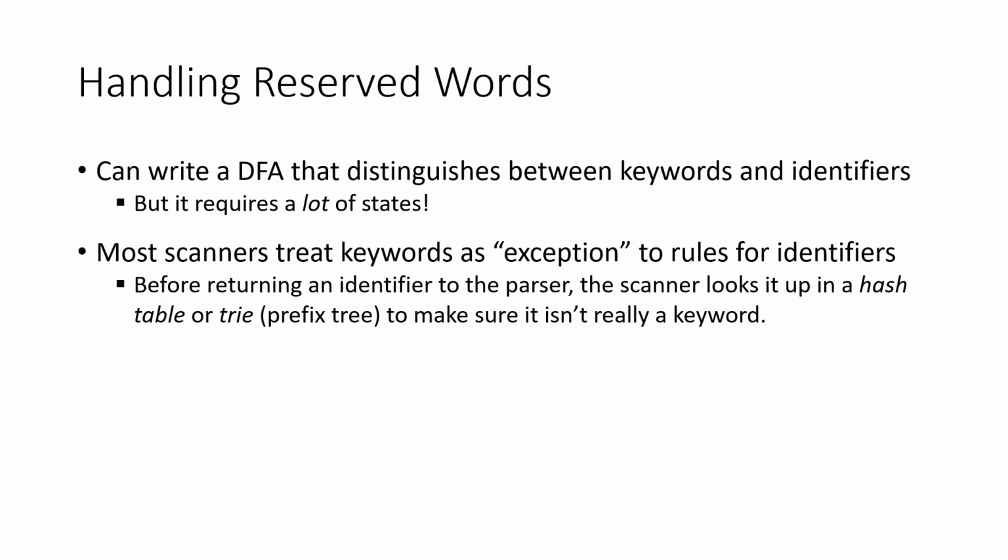So most scanners treat keywords as exceptions to the rules for identifiers. In particular, before returning an identifier to the parser, the scanner looks it up in a hash table or a trie, which is a prefix tree, to make sure that the identifier token isn't really a keyword.